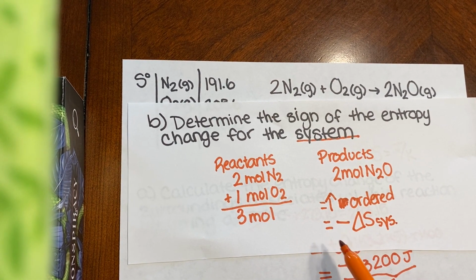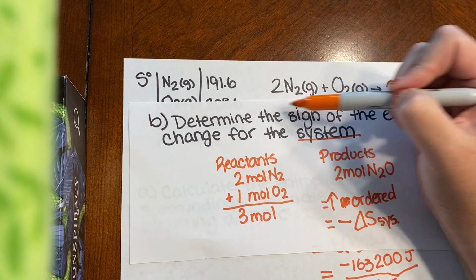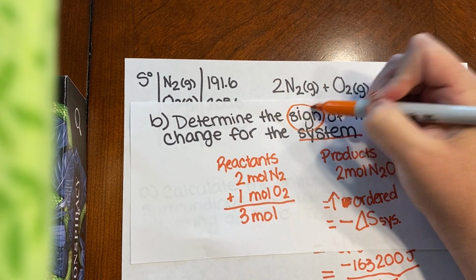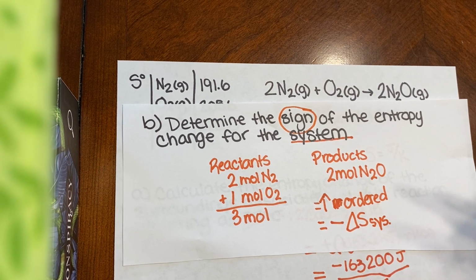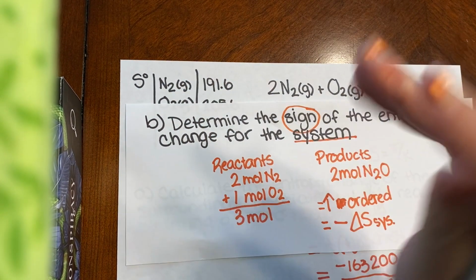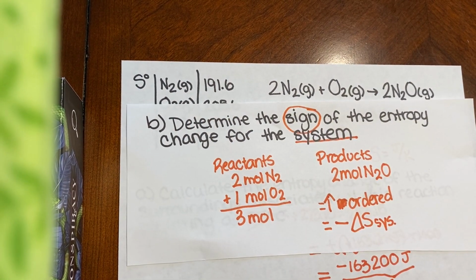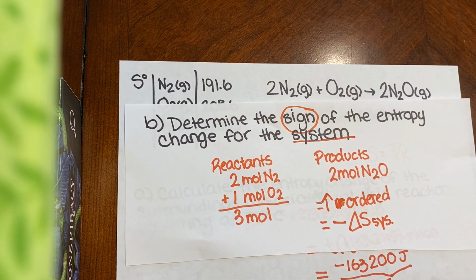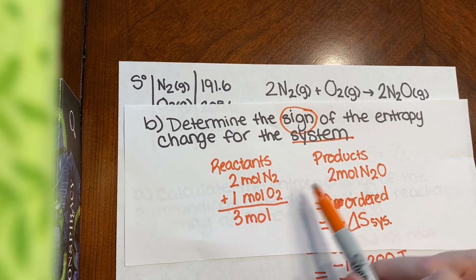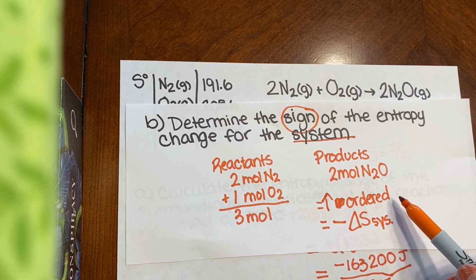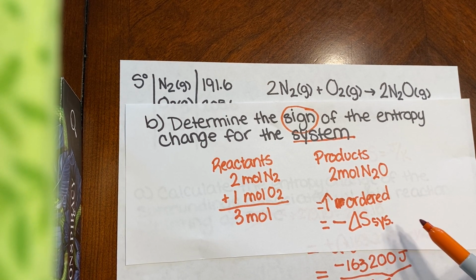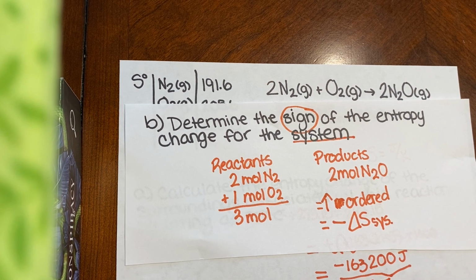We're just looking at the sign. We don't need a value. We just want the sign. So we could calculate it, but that's a pain. All we're looking for is the sign. So by comparing these moles, we're able to determine that it's going to become more ordered. And so our sign is going to be negative.